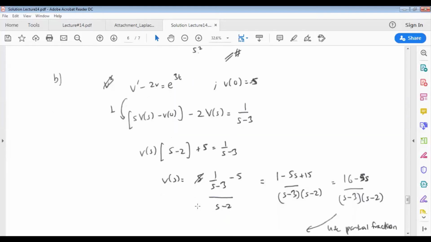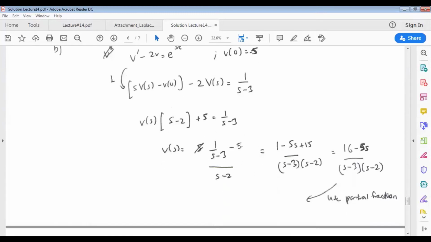So V(s) will then equal these terms here. When we solve for that, we have (16 minus 5s) over (s minus 3) multiplied by (s minus 2). This is your V(s). What you have to do is use partial fractions to express V(s) in partial fraction terms.